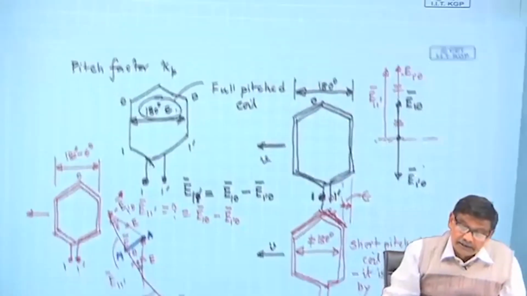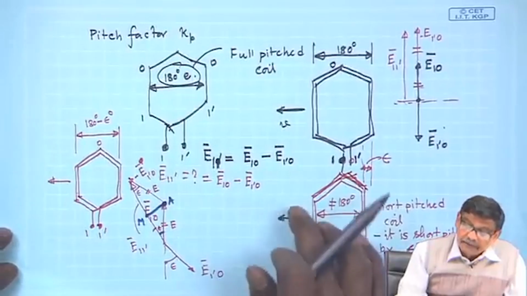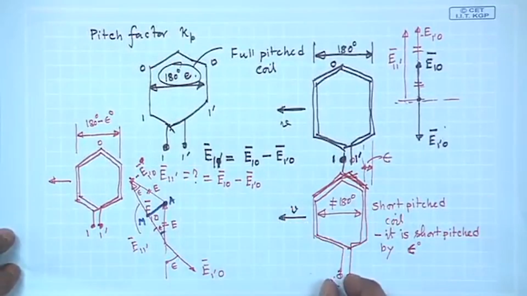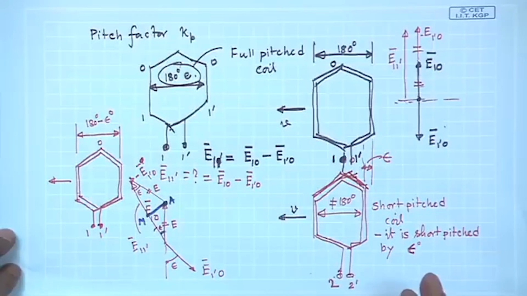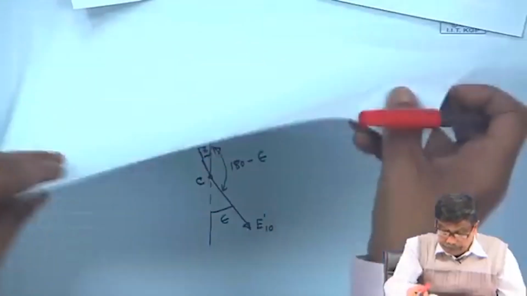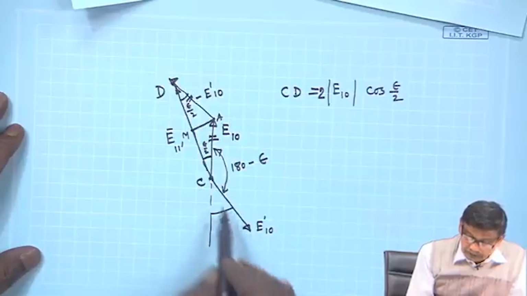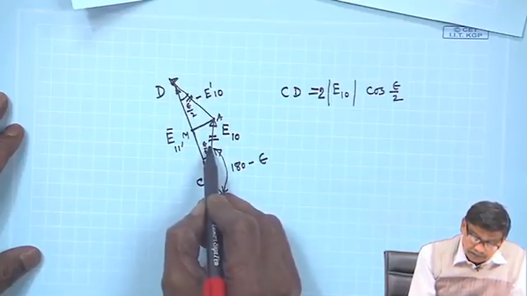But before that, I wanted to find out that if somebody has made not a full pitched coil but a short pitched coil, then by what factor the induced voltage will be reduced. If you compare it with this diagram we drew last time, these lengths are all equal.